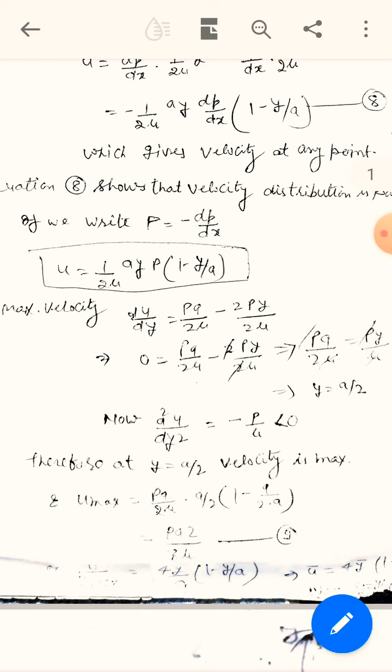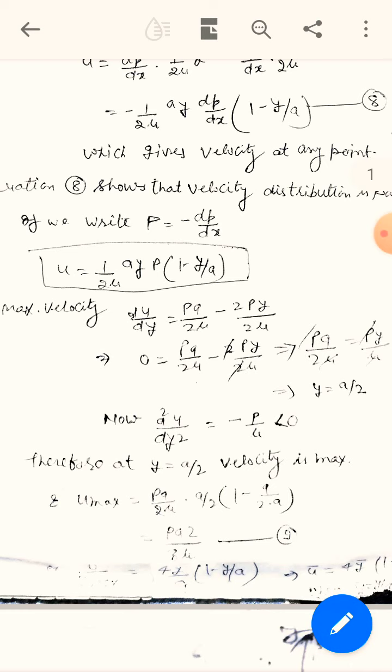So it is clear that at y is equal to a by 2 the velocity is maximum, and this maximum velocity is equal to P a square upon 8 mu. If we divide the velocity u by this maximum velocity, we get u upon u maximum is equal to 4 into y by a into 1 minus y by a.